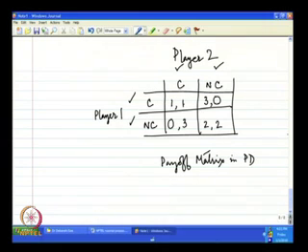A little bit of observation into this payoff matrix will be very helpful. Firstly, if I compare these 2 outcomes, these 2 action profiles of CC and NCNC, which is basically this and this, what do I find?